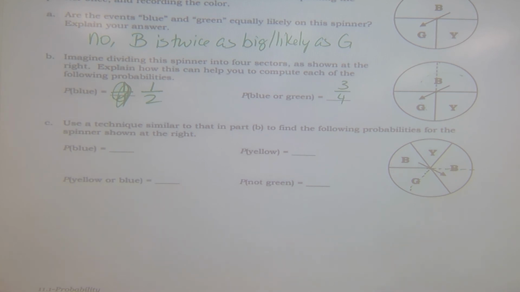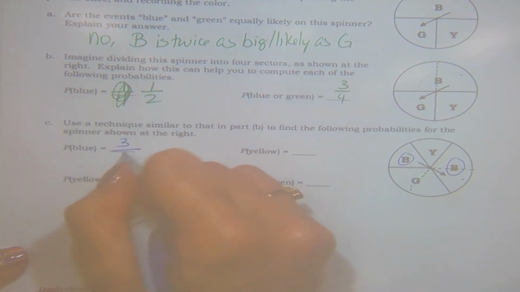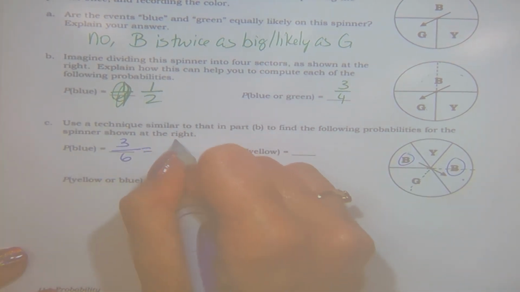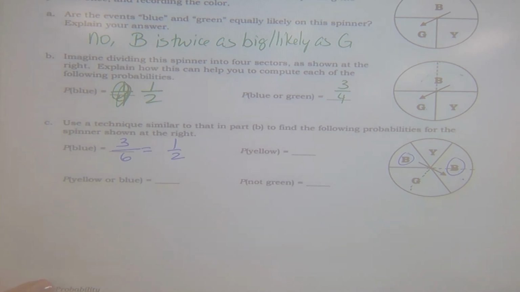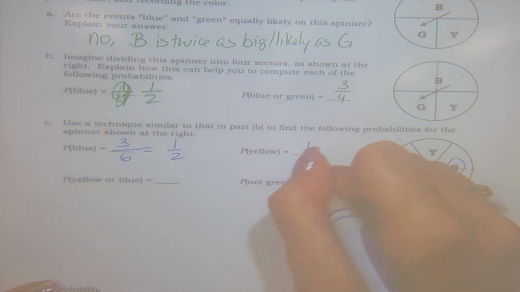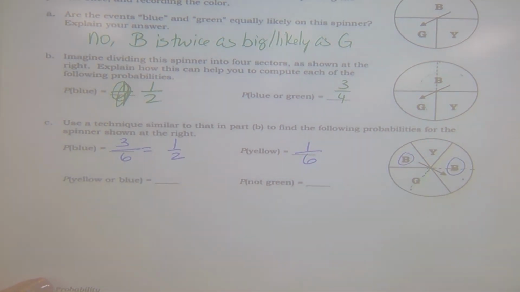If I make those equal size sectors, I would have 1, 2, 3, 4, 5, 6 of them. How many of those 6ths are blue? Well, 1, 2, 3 of the 6 equally sized sectors are blue, so that's half the spinner. Only 1 of them is yellow.